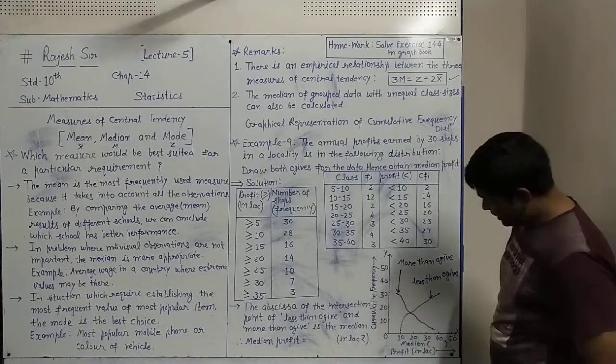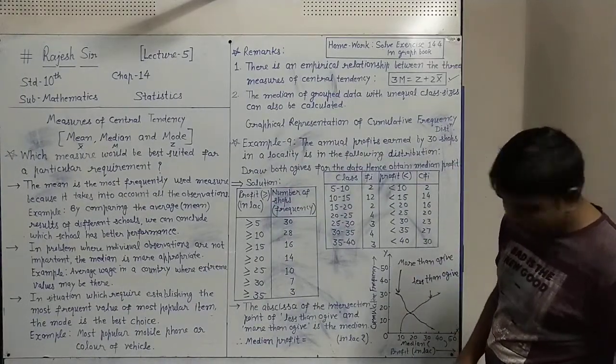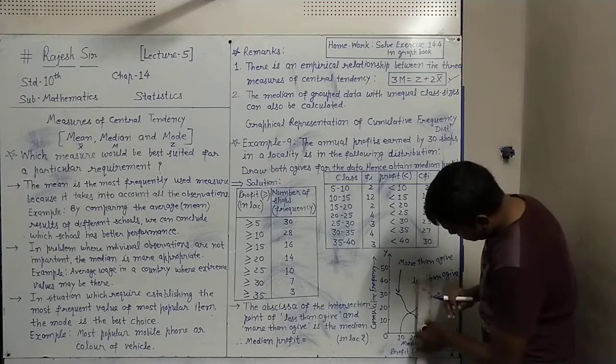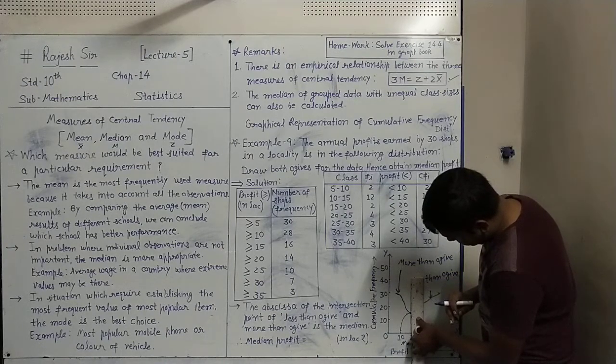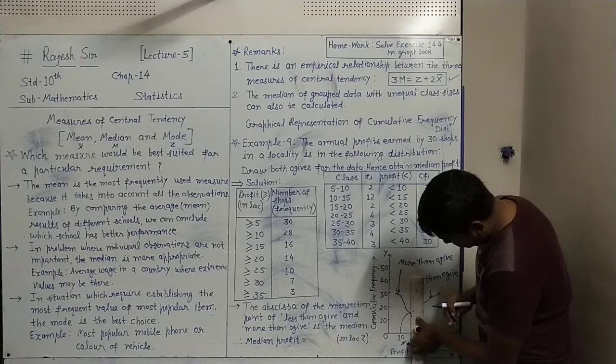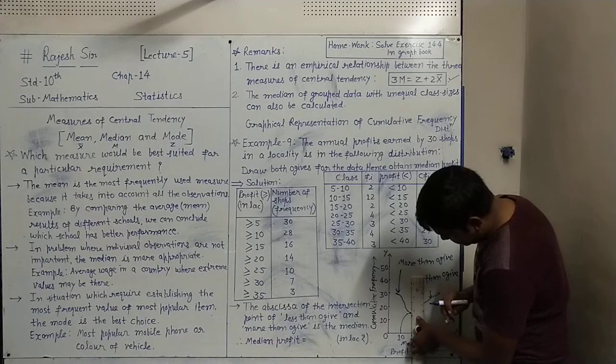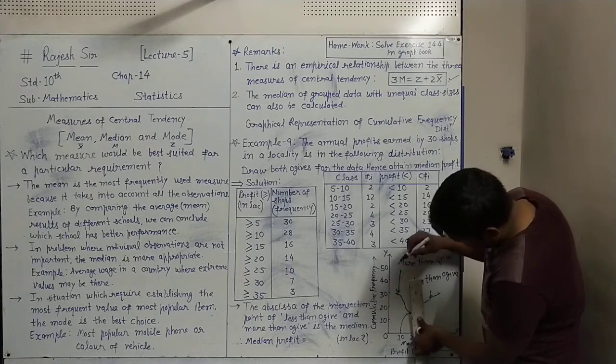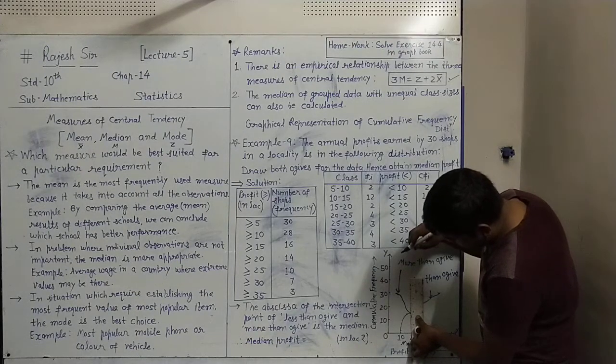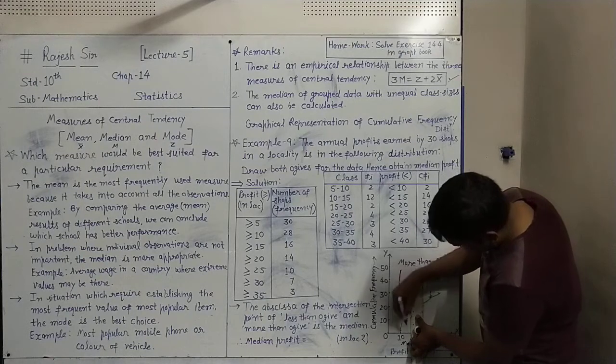And now what we have to see, we have to read this point's abscissa. Abscissa means x coordinate. X coordinate means the distance from y axis, how much is that? To see that, what we have to do, we have to draw a straight vertical line towards the x axis to this point.